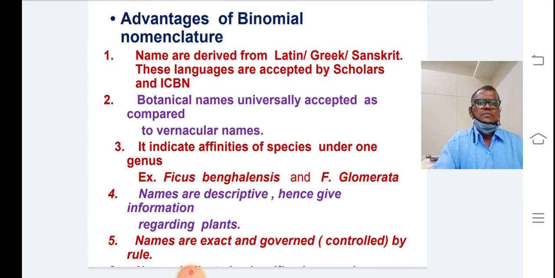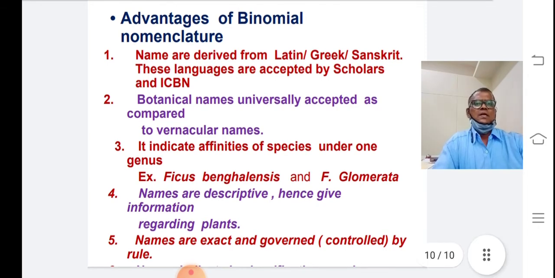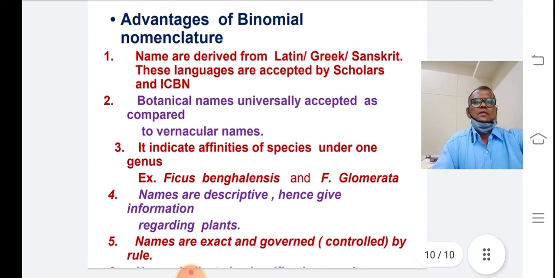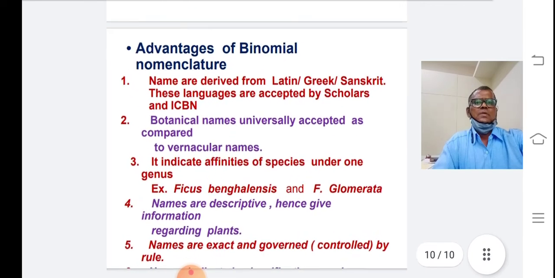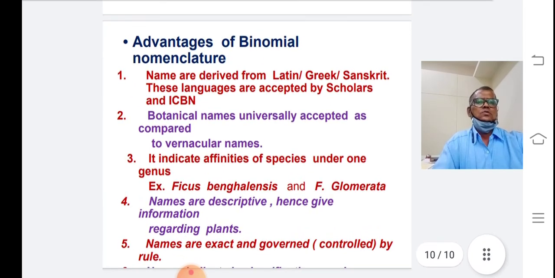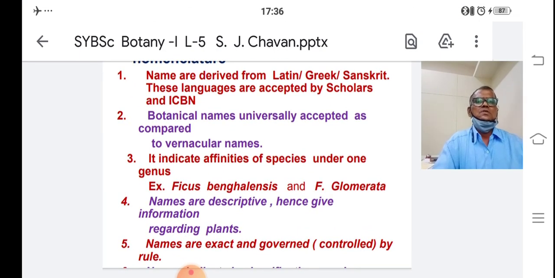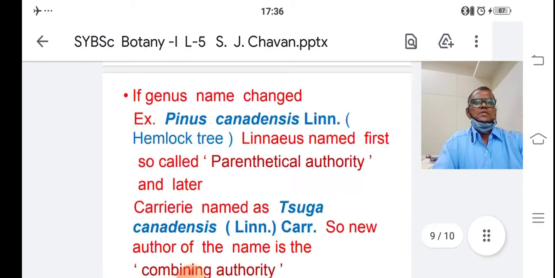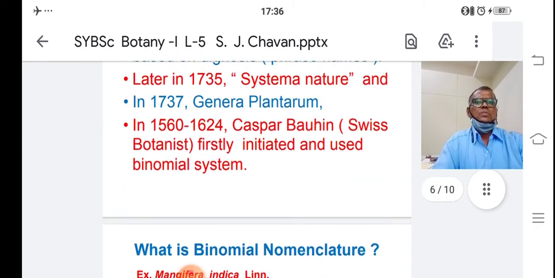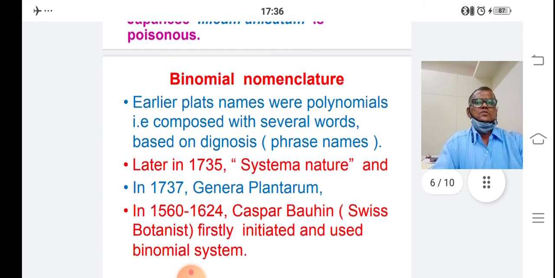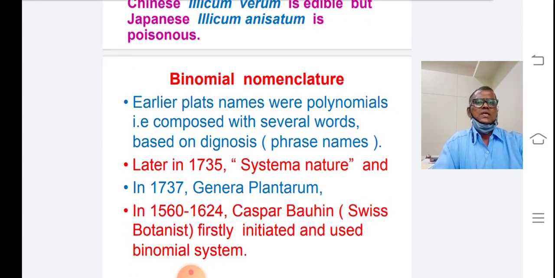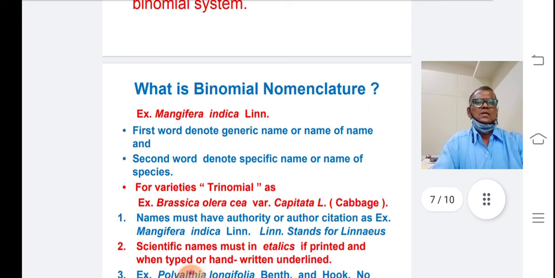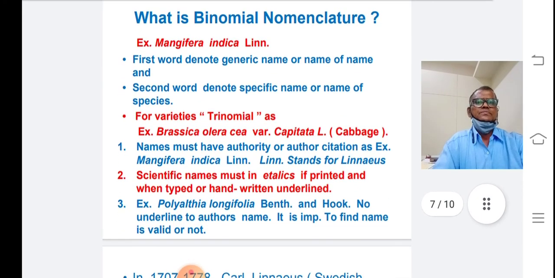The names are descriptive, hence they give information regarding the plants, and names are exact and governed by rules. So this is our today's topic. Please remember all this. So what is binomial nomenclature? We have given this first, and secondly binomial nomenclature, which we have to give with an example.